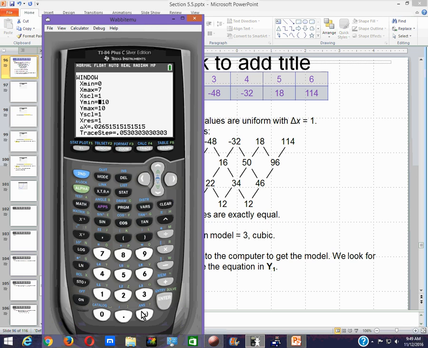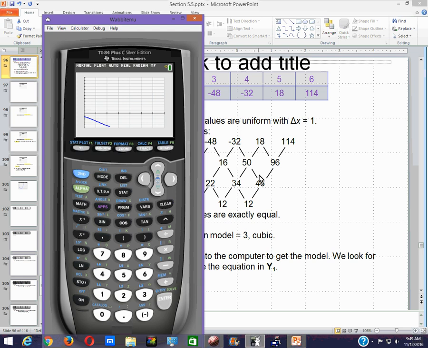Being that far apart, I think I'll have a scale of 10. And let's graph. So there's our regression model.